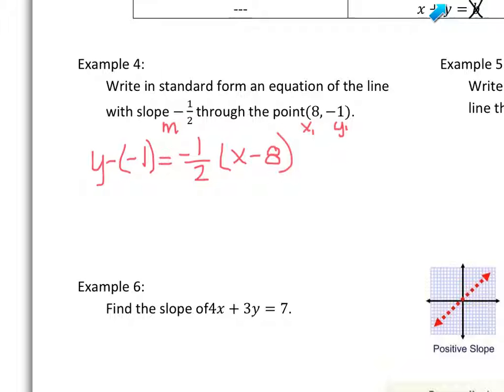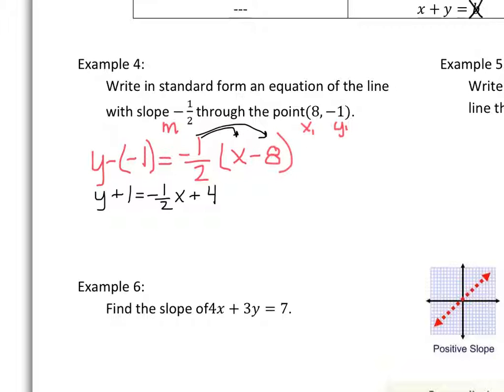So we'll have x on the side and y and then the number. So what's negative times negative? So we have y plus 1 equals, let's distribute, -1/2 x. What's negative times negative? Positive, and 8 divided by 2 is 4.